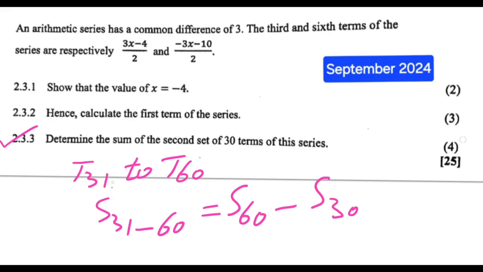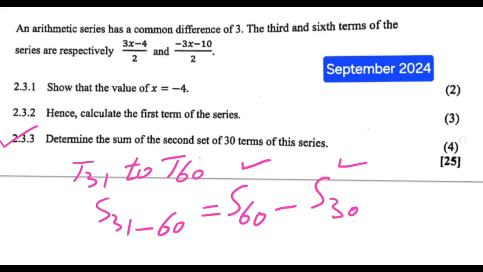So which mean sum of 60 you minus the first 30, then that will be the answer for the second 30. So we need to first find the S60, then S30, then we minus S60 minus S30, that will be your answer.